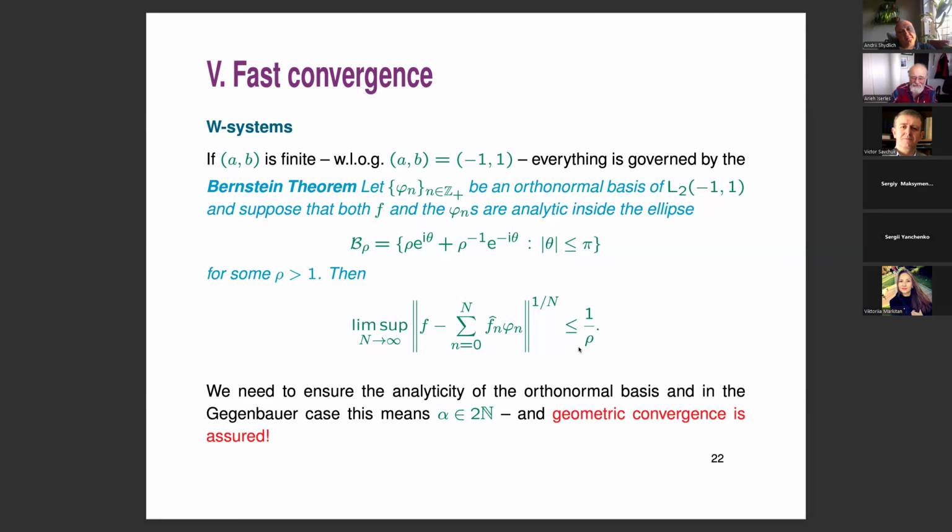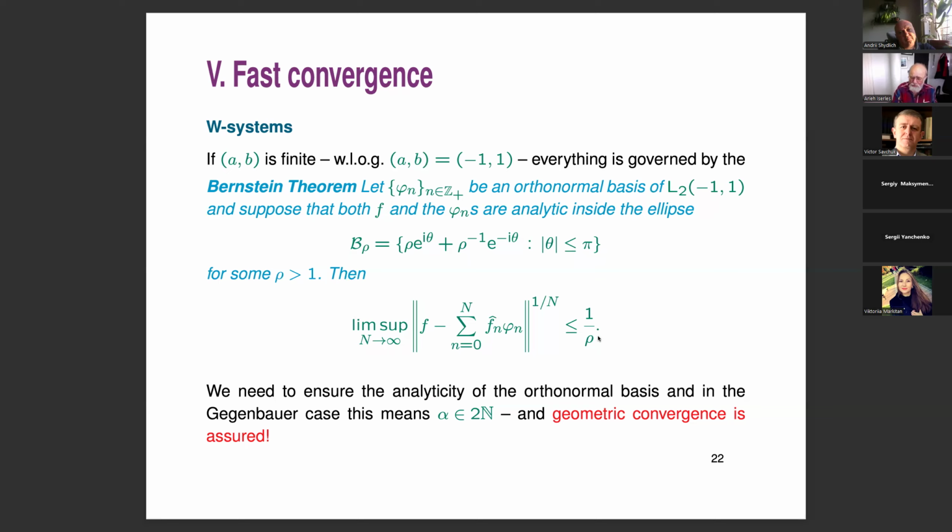So in other words, the convergence is like 1 over rho to the power N, and rho is greater than 1. So it is incredibly fast, what is known as spectral or geometric convergence, or exponential convergence.